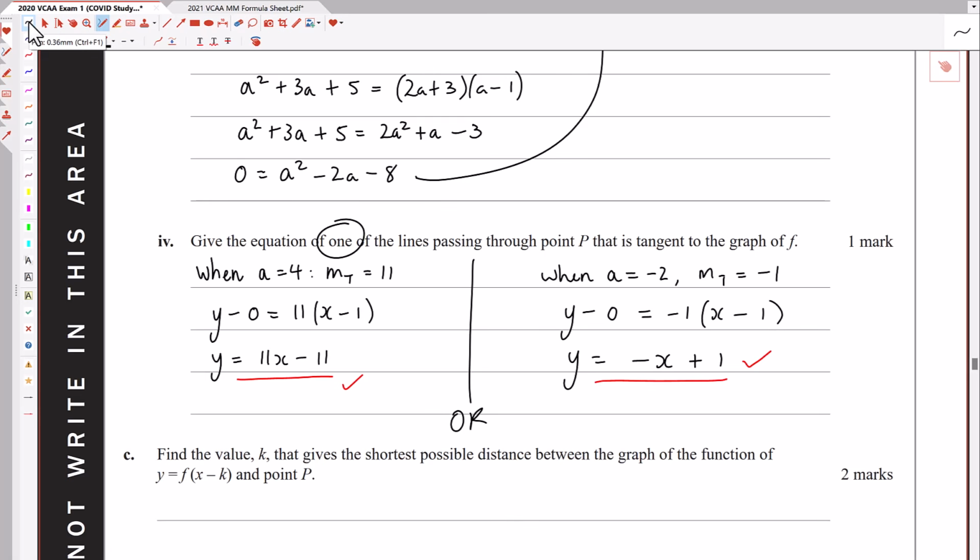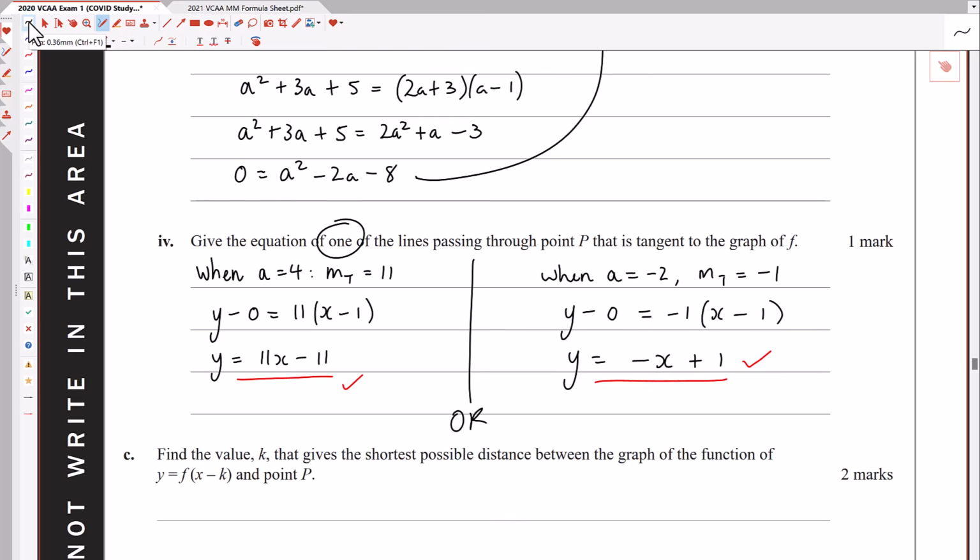Find the value of k that gives the shortest possible distance between the graph of the function y equals f of x minus k and the point P. Now, you can spend a lot of energy here coming up with an equation for the distance and minimizing it, and there are some strategies for doing that efficiently, so I might show you.